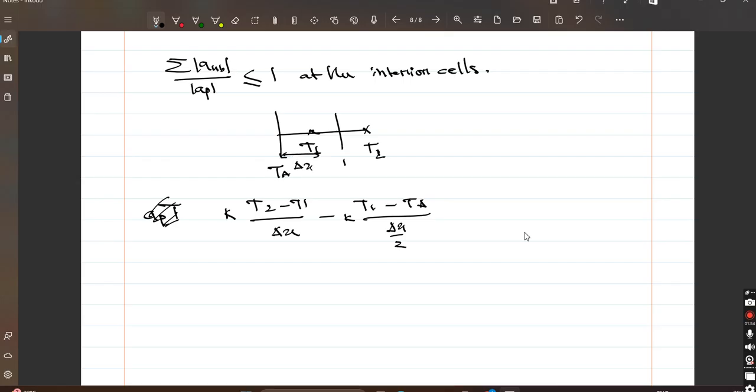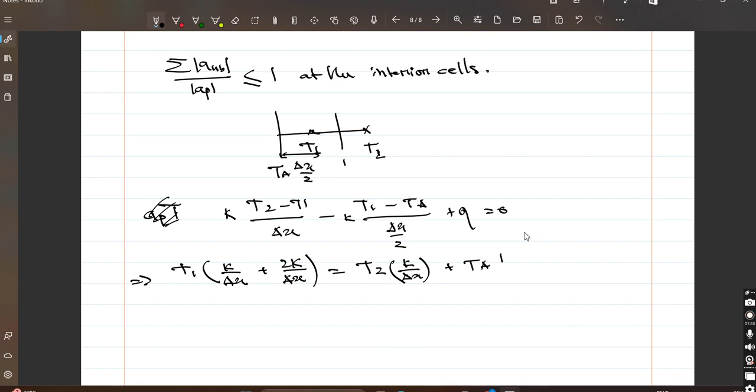Because this distance is delta x by 2, plus q times 0. And it will be T1 times k by delta x plus 2k by delta x equal to T2 times k by delta x plus TA times 2k by delta x plus q, right?